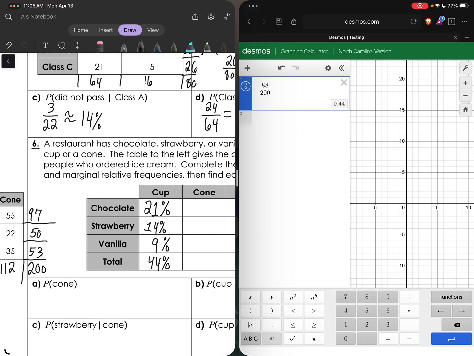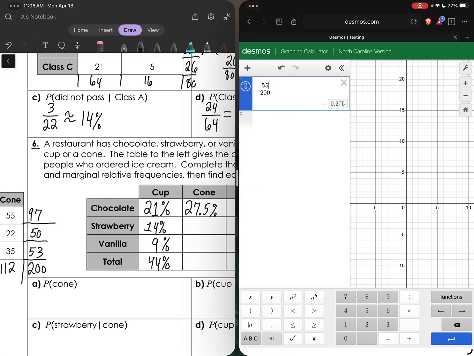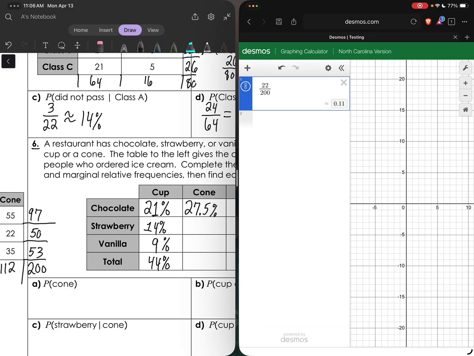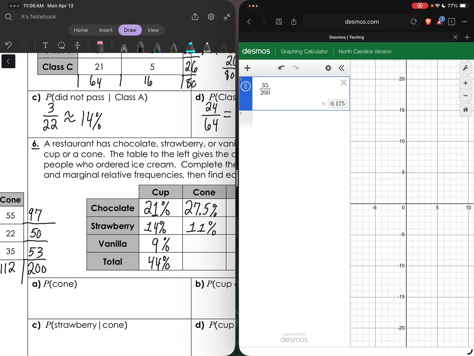Okay, now for the cones. I got 55, which is 27.5%. 22. 11. 17.5.